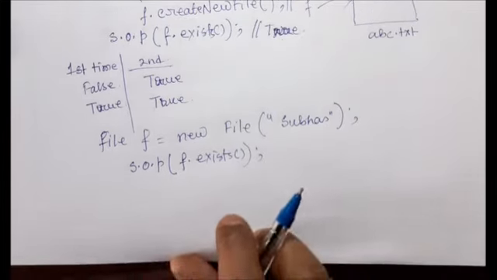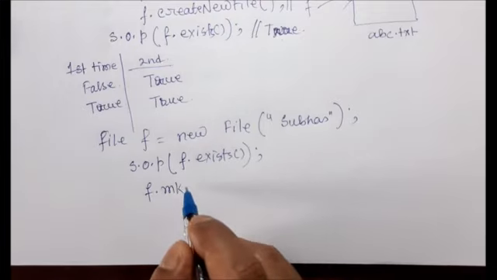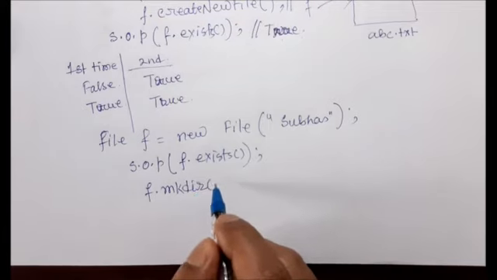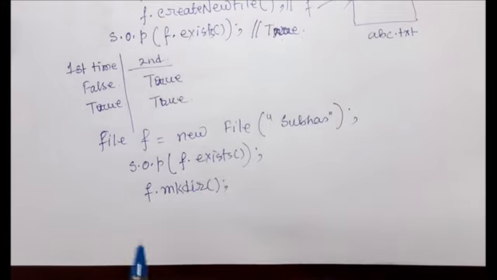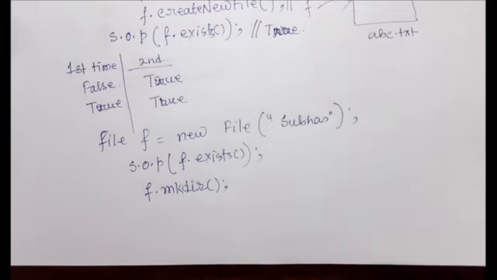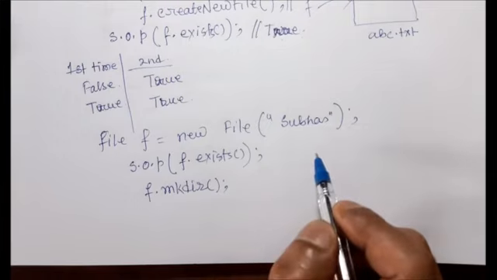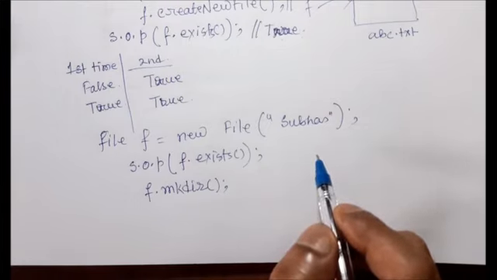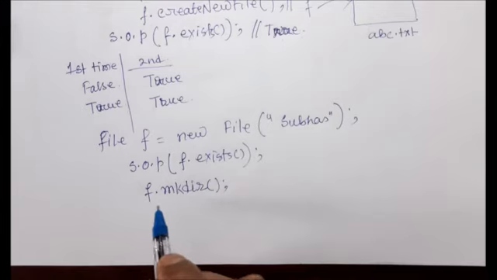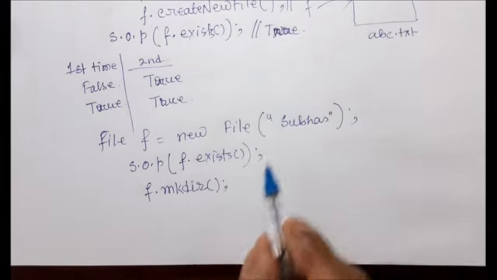And after that, if I write f.mkdir, it means that I am going to create a directory with this name. Okay. So, it is basically a directory, because I have not mentioned any extension of a file. And if I use mkdir, that line will be treated as creating a directory.